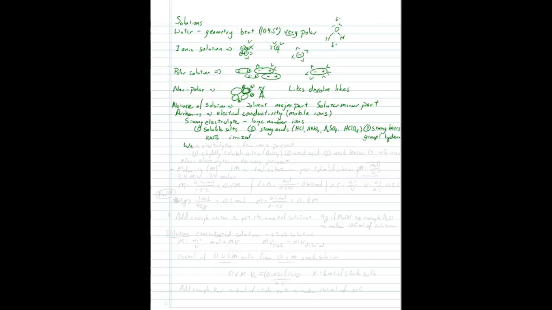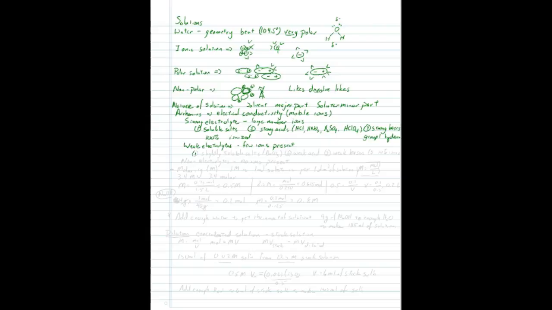Weak electrolytes will conduct a small amount of electrical current because they have few mobile ions present. They have some ions, but not quite there.